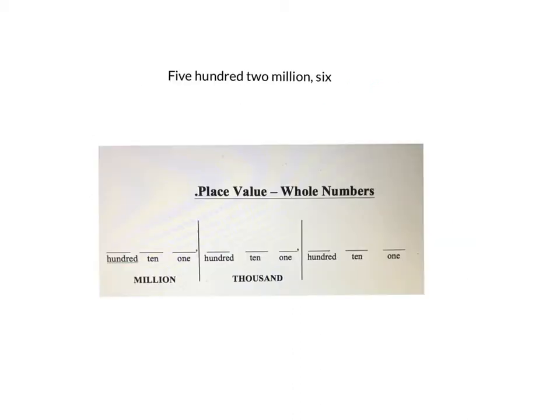You will need to go between different forms of numbers in this class. So here I have written in true word form 502,000,006. If you wanted to write that in standard form, that is with numbers, the biggest mistake sometimes people make is remembering that there's zeros in here. So I have 502 million. The million and the comma tells me that that 502 needs to be in the millions area, so I would have 502 million.